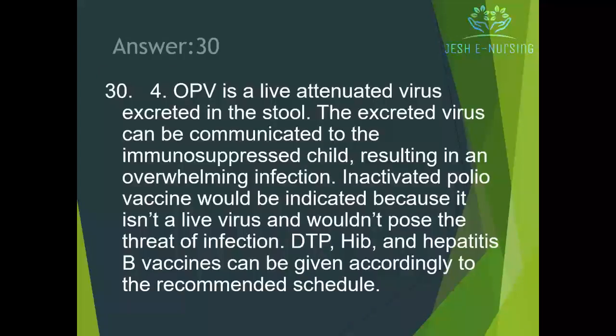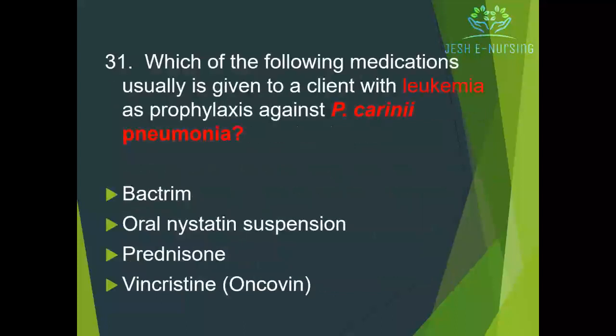Next question, question number 31. Which of the following medications usually is given to a client with leukemia as a prophylaxis agent? Pneumocystis carinii pneumonia. So here the answer is Bactrim.